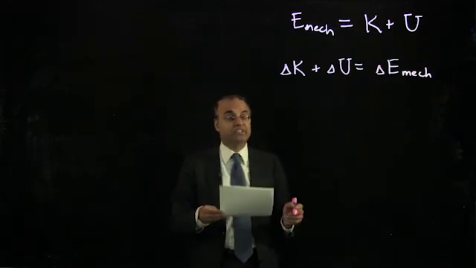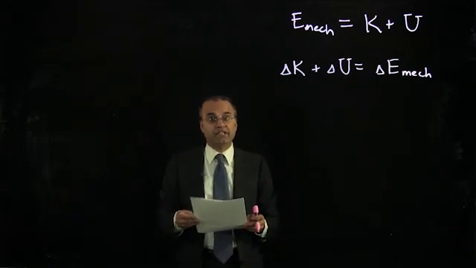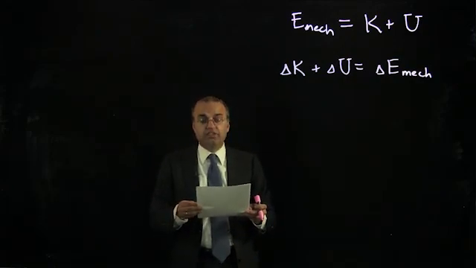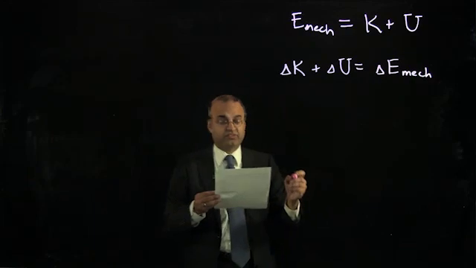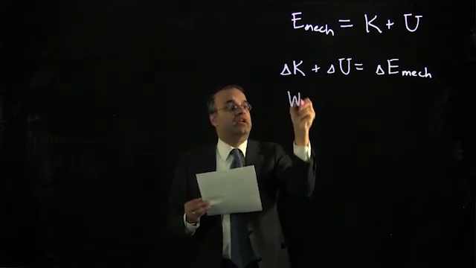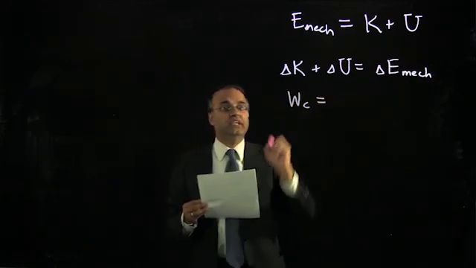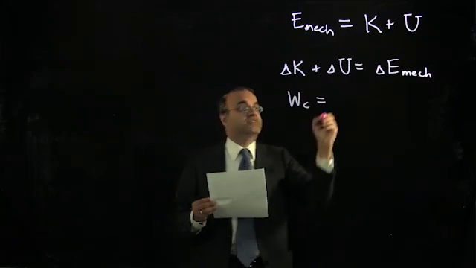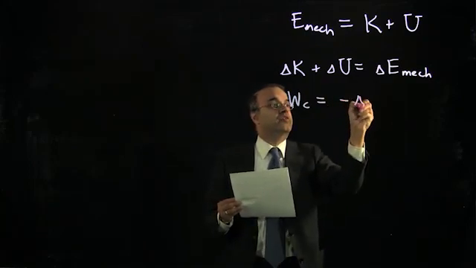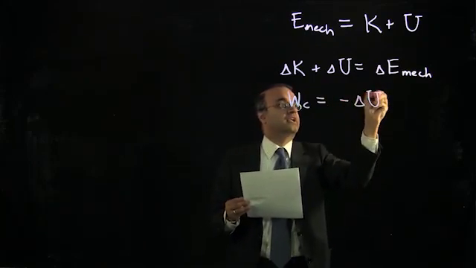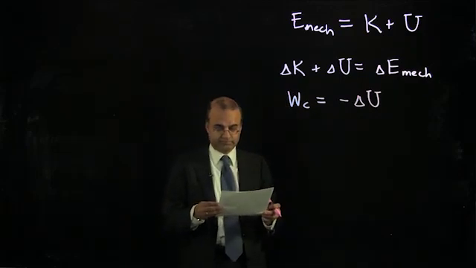In addition, we've seen that the change in potential energy is related to the conservative work done in the system, so that W sub C, the conservative work done, is equal to the negative of the change in the potential energy.